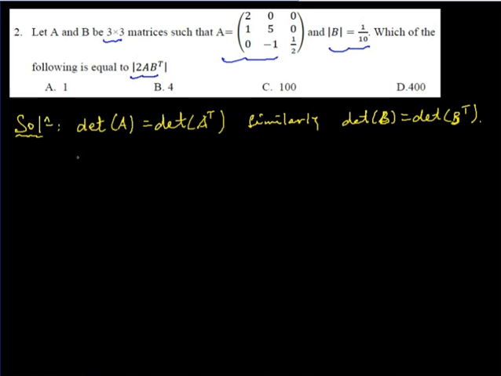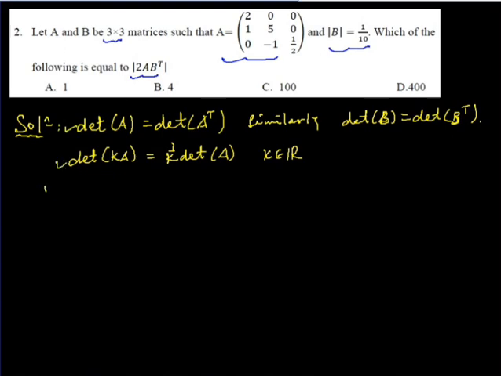The other thing is we know that the determinant of k times a square matrix A of size 3 by 3 is k to the power of 3 times the determinant of the matrix A, where k is a real number, a constant. So we will apply these properties to solve the problem.